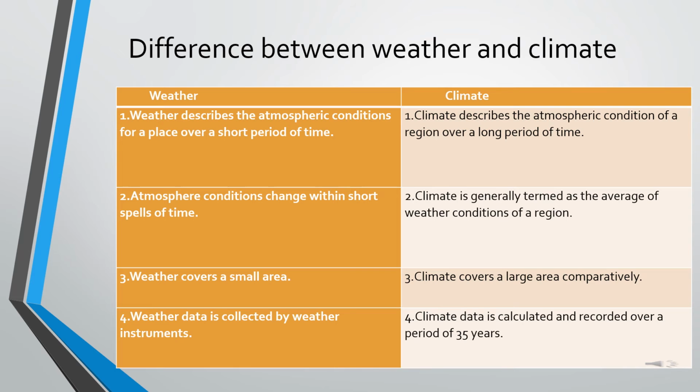The fourth point is weather data is collected by weather instruments, whereas climate data is calculated and recorded over a period of 35 years.